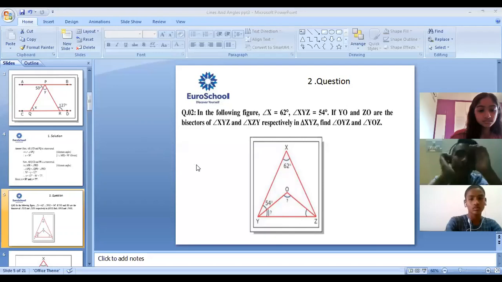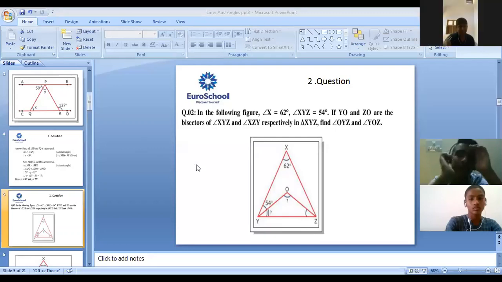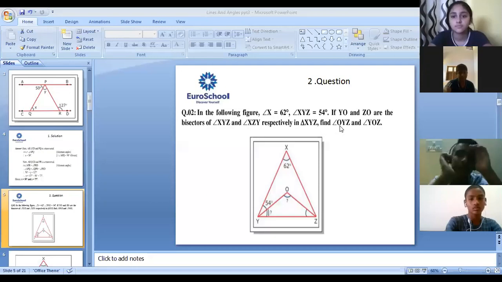Okay? In the following figure, angle X equals 62 degrees. Can you see the figure? Say yes, please. Angle XYZ equals 54 degrees. If YO and ZO are the bisectors of angle XYZ and angle XZY respectively in triangle XYZ, find angle OYZ and angle YOZ.